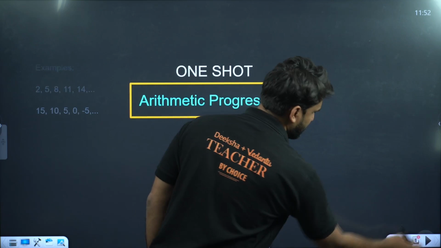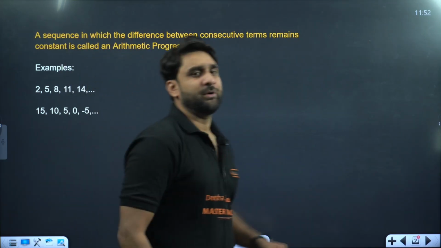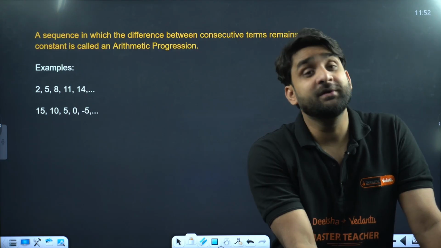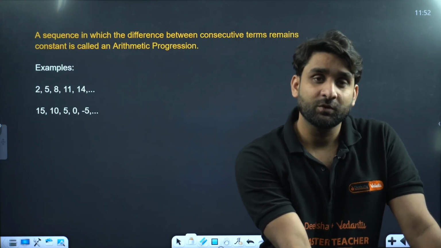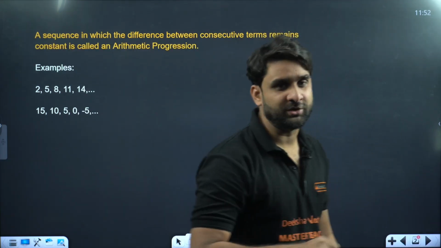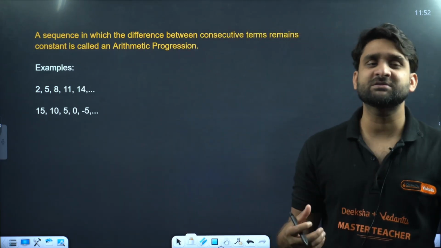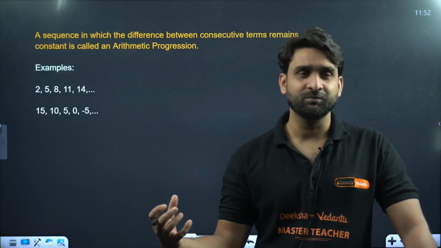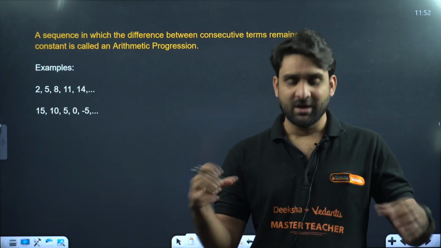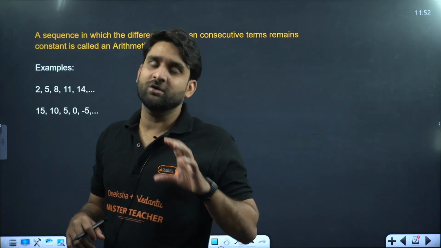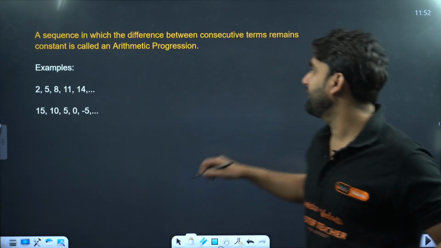So my dear, the first point comes up here. What is arithmetic progression? What is the definition of arithmetic progression? Basically, arithmetic progression is a sequence of numbers in which the difference between consecutive numbers remains constant.